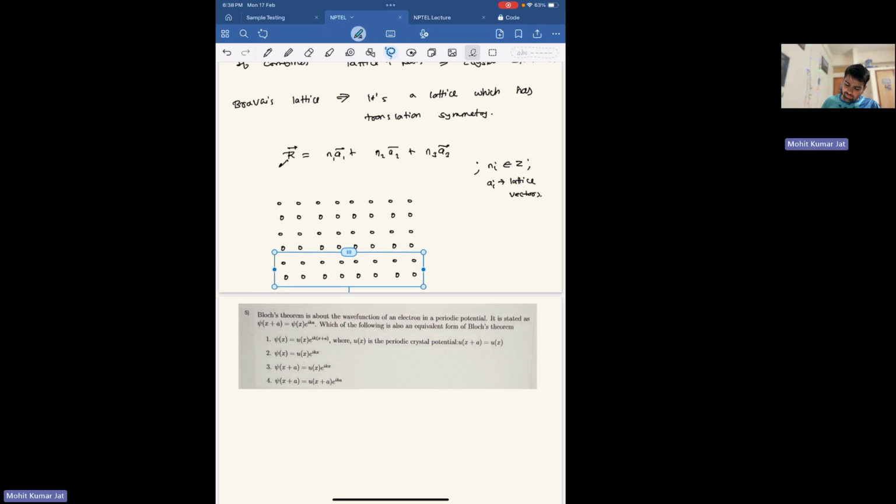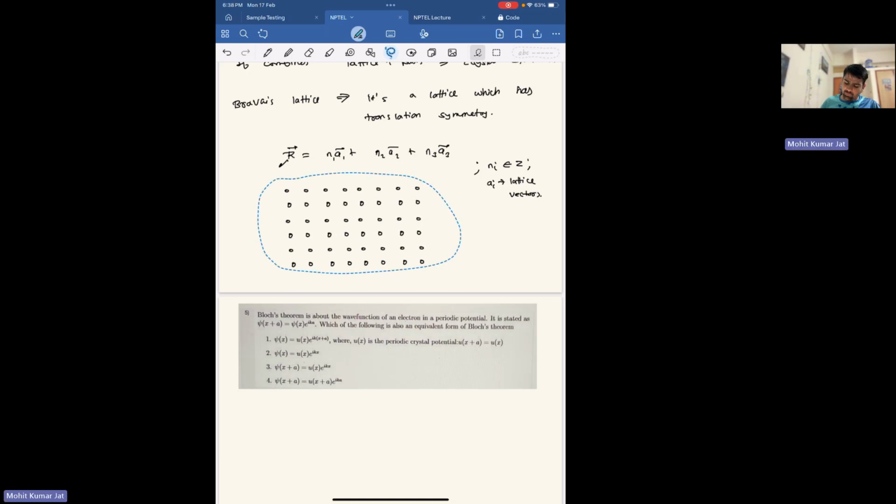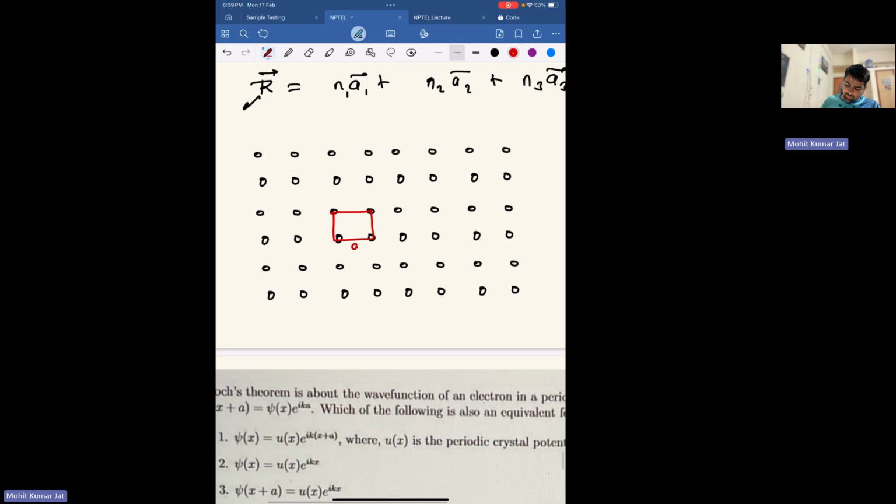Whatever structure you are seeing is the lattice points. Then I can choose a unit cell, with A1 and A2.